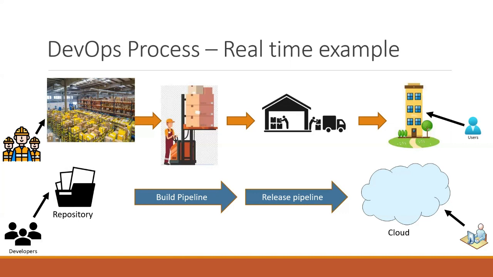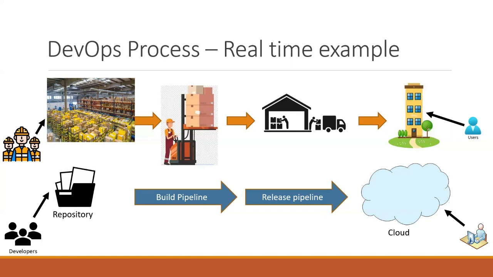The release pipeline also takes care of that. It deploys the code and also makes sure that it works over there. In the same way, after Amazon's executive delivers, they come and install it and make sure it works fine. So two very important things here.